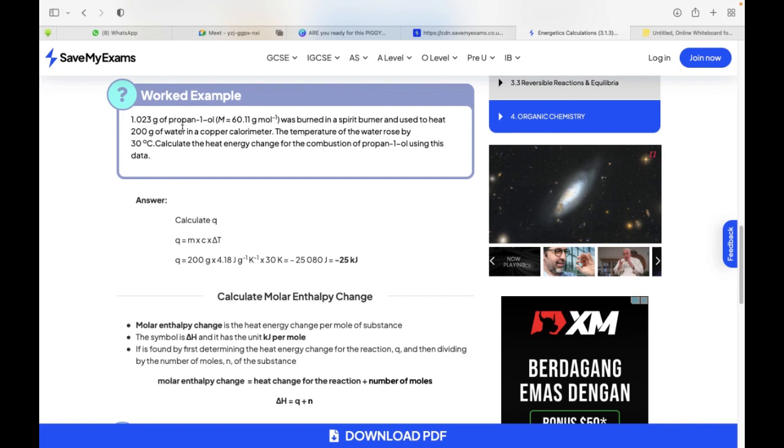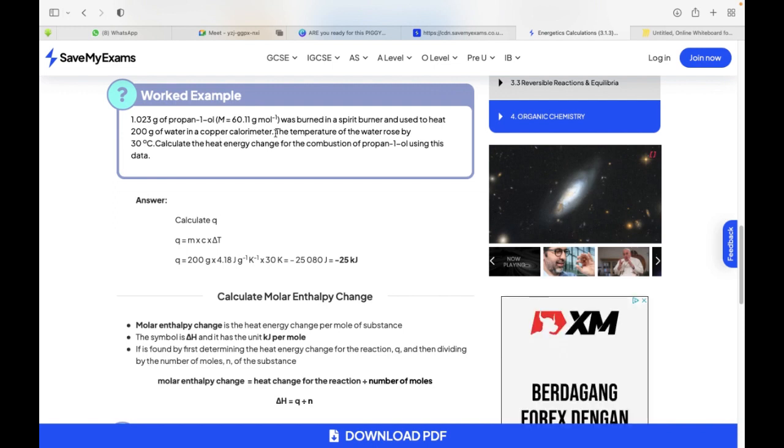M equal to 60.11 gram per mole. It was burned in a spirit burner and used to heat 200 gram of water in a copper calorimeter. The temperature of the water rose by 30 degrees Celsius. The rise is the change in temperature. Now calculate the heat energy change of the combustion of propan-1-ol using this data.